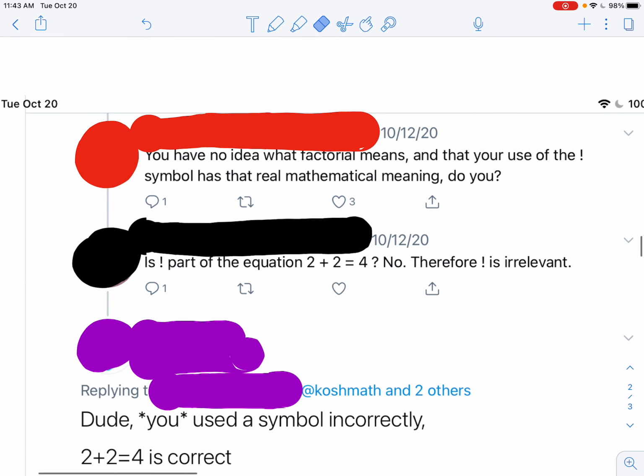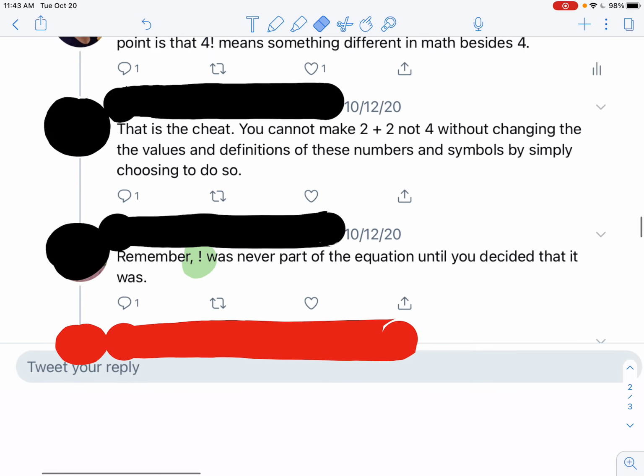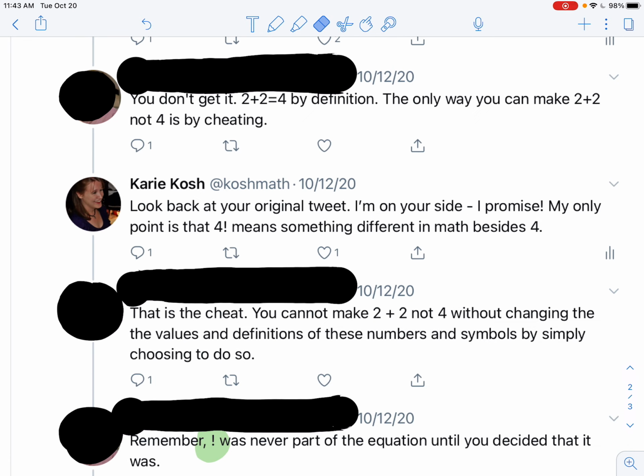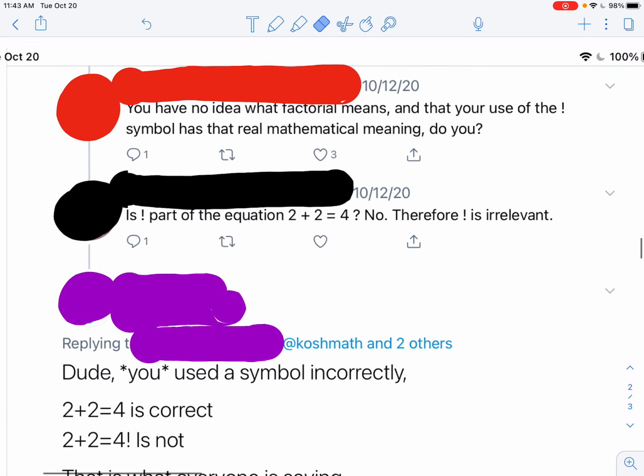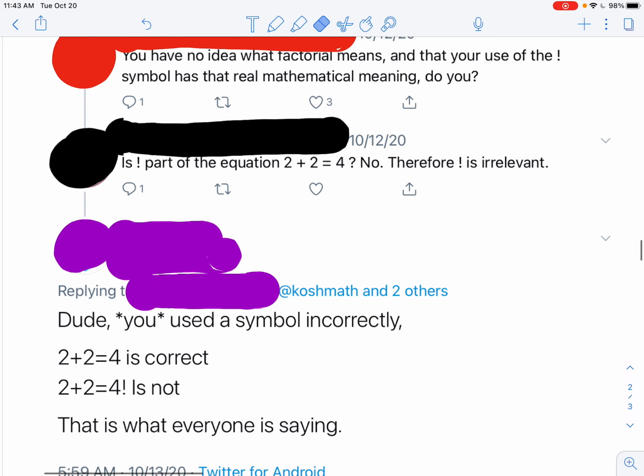So then these other people got involved. You have no idea what factorial, and I tried to be kind. I tried not to be ugly, but anyway. And then I realized I'm done. After this message, I thought I'm out, I'm completely out. But people kept replying: you have no idea what factorial means, and that your use of the exclamation symbol has real mathematical meaning. And then he's like, is exclamation part of the equation?